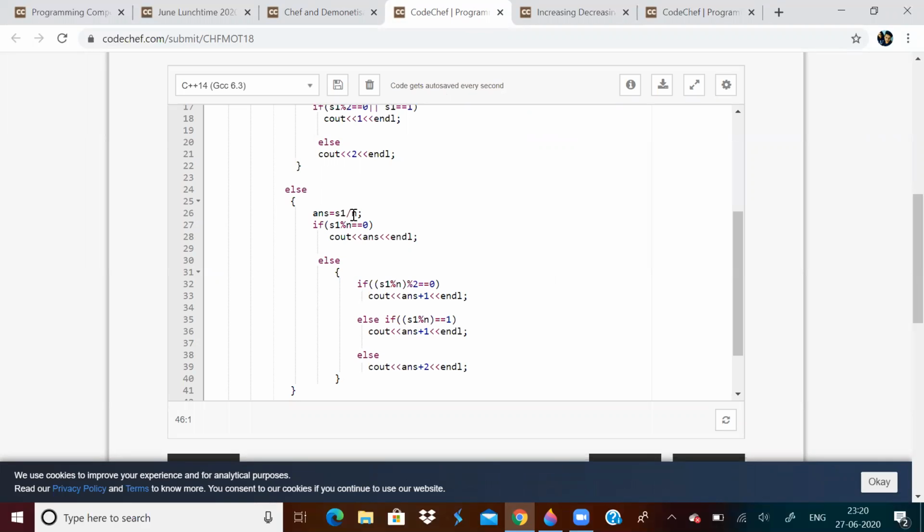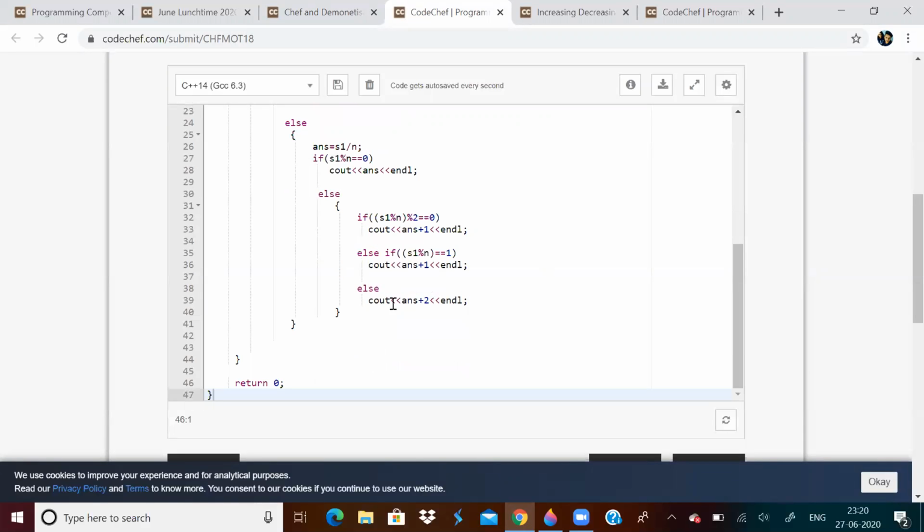S by n, correct? If you do 31 by 4, you will get 7. So by that example, we can understand, first we'll calculate S by n. Now we have to calculate how many are remaining. Remaining will be S mod n. So accordingly, you have to make conditions for S mod n.